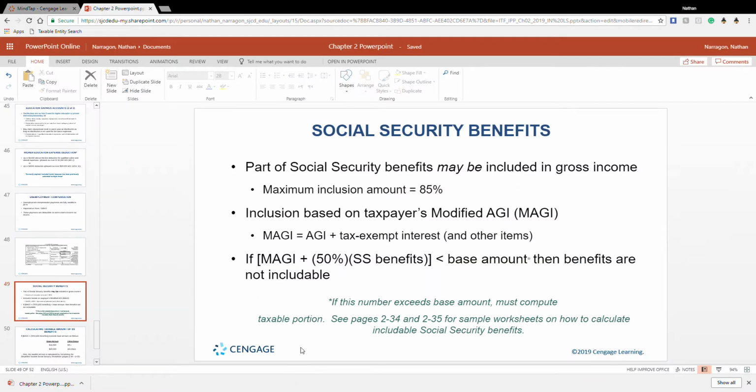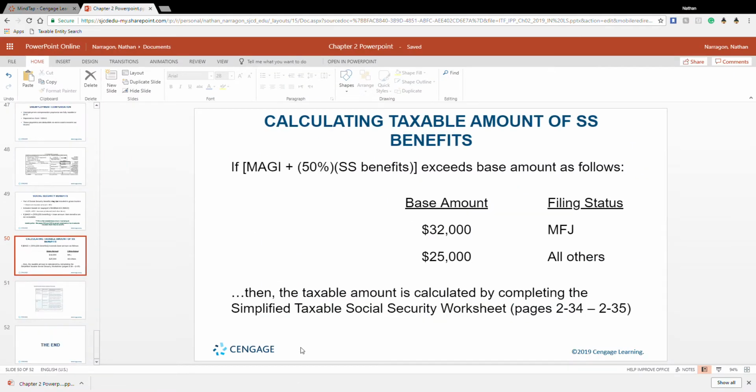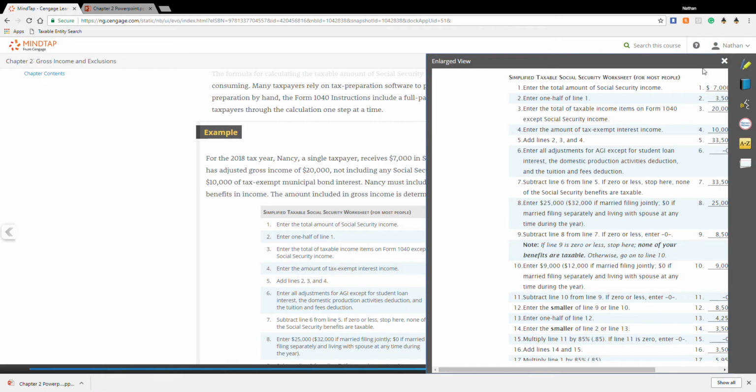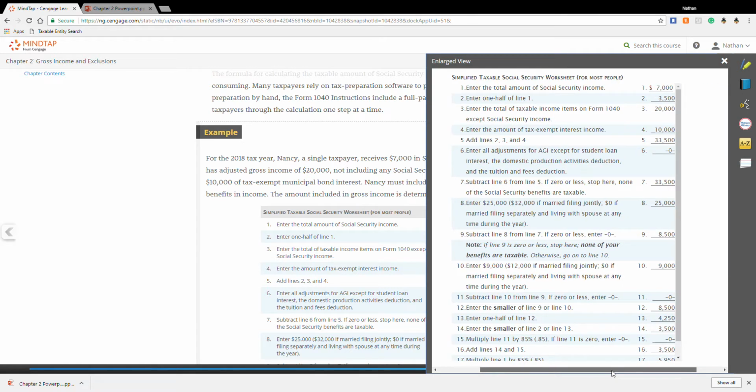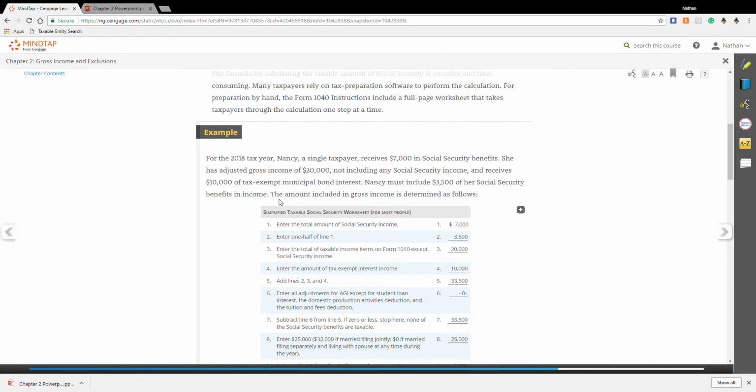So, real quick, calculating the taxable amount of Social Security benefits: if it exceeds the base amounts as follows, base amount is $32,000, $25,000, then we have to compute the tax. So let's go with it real quick. Let me close this out so we can read the example.